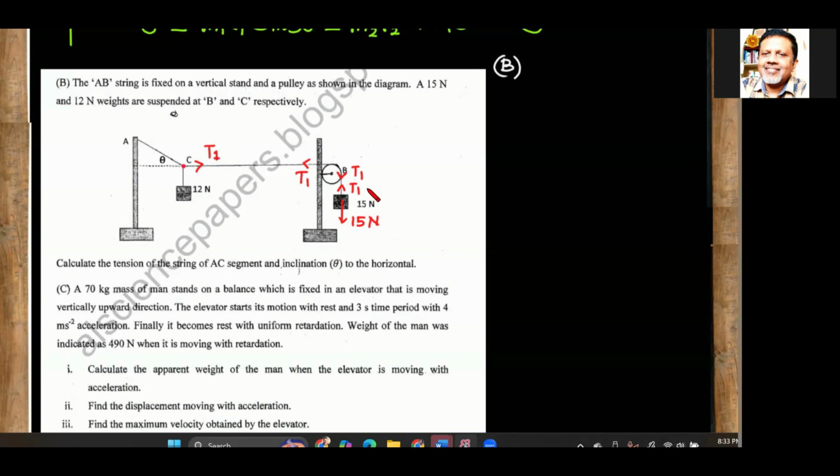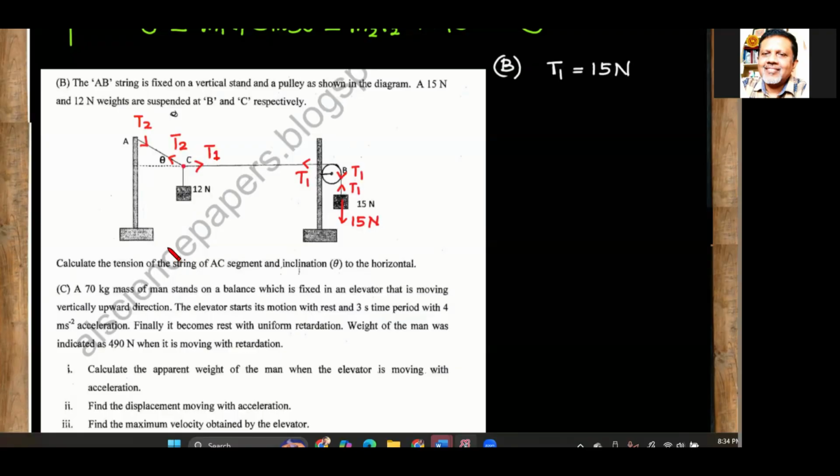And because of the equilibrium here, the tension T1 should be 15 newtons. At equilibrium, you can say T1 is equal to 15 newton. Okay, right. Then we come to another tension which can be considered as the tension of this part AC. So we can consider it as T2. And here also we can mark T2.